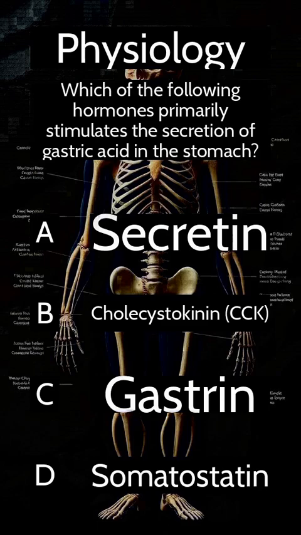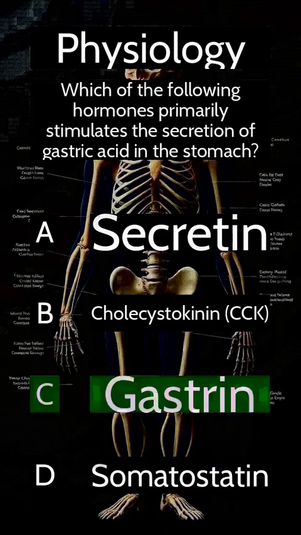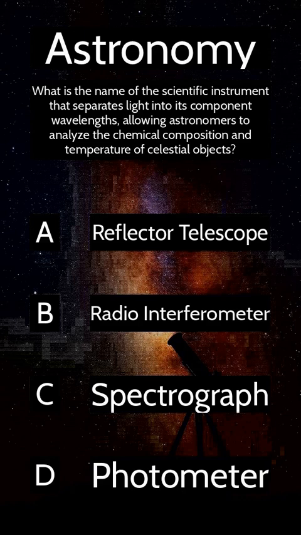Which of the following hormones primarily stimulates the secretion of gastric acid in the stomach? Answer C. Gastrin. What is the name of the scientific instrument that separates light into its component wavelengths, allowing astronomers to analyze the chemical composition and temperature of celestial objects?